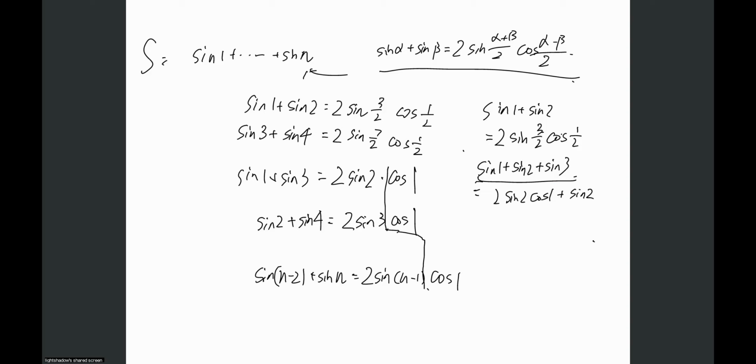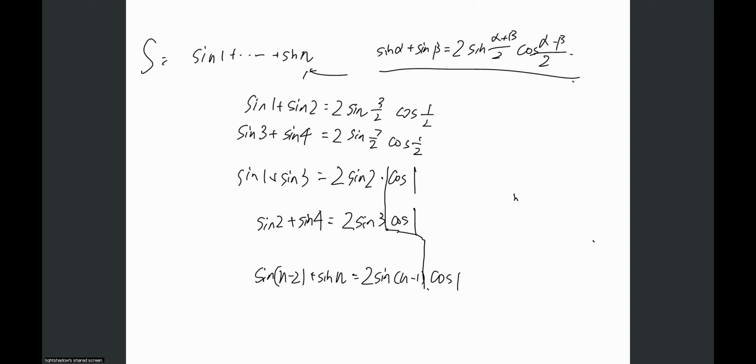What about using another formula? If sine n equals, what about considering cosine alpha minus cosine beta equals, yeah.